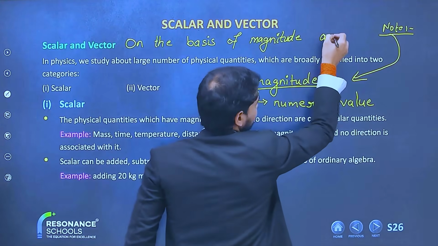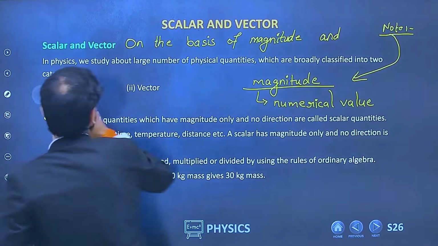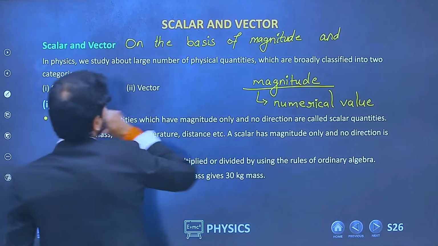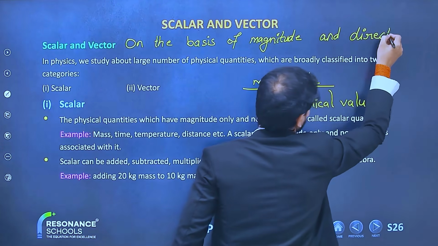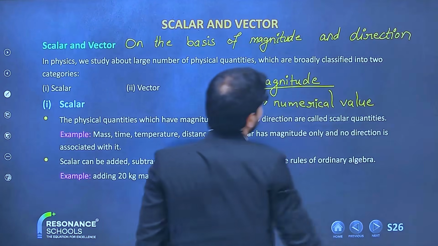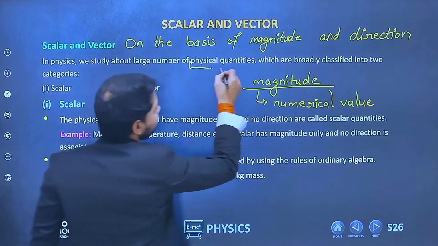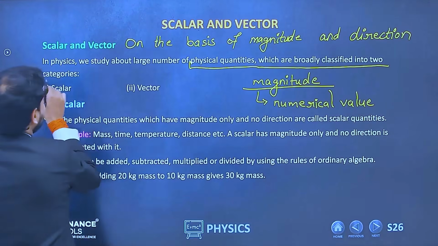Then next you will write, on the basis of magnitude and direction, physical quantities are classified into two categories.